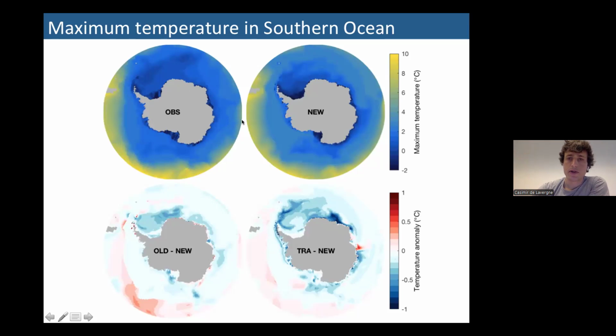In the observations at the top left, in the standard, well, the new experiment, so with my parameterization, and then when you add subinertial internal tides, this is TRR minus new, you find a pretty substantial cooling here around Antarctica, which is due to these subinertial internal tides, and this reduces the heat that is able to reach Antarctica. So it's a cooling of CDW essentially.